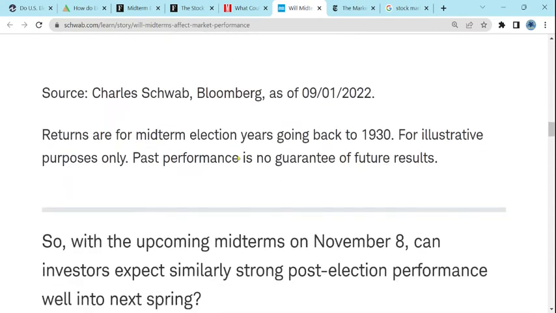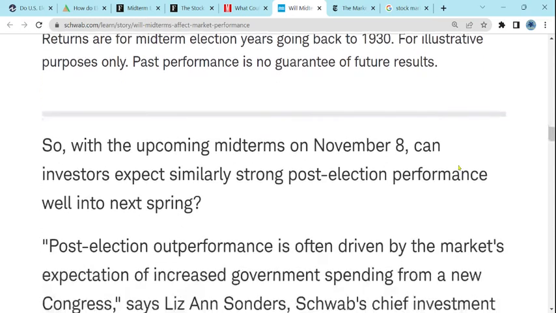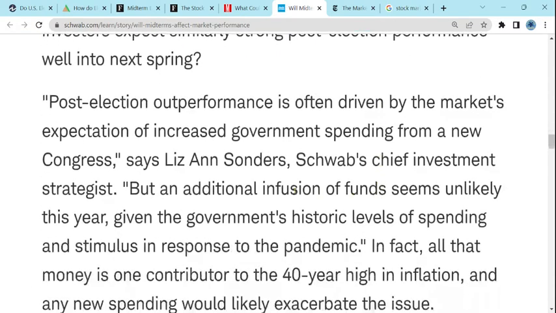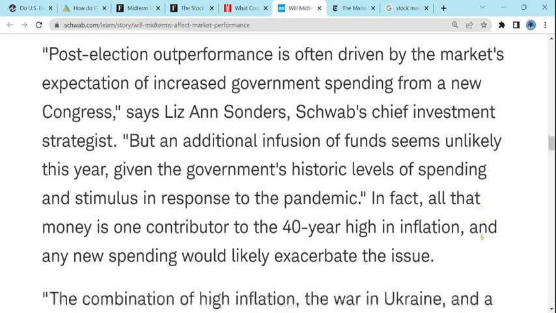Returns are for midterm election years going back to 1930. Obviously, from past performance, no guarantee of future results. So the upcoming midterms are coming. Can we expect similar strong post-election performance into next spring? Post-election outperformance is often driven by the market's expectations of increased government spending from a new Congress, but an additional infusion of funds seems unlikely given the government's historic levels of spending and stimulus in response to the pandemic.